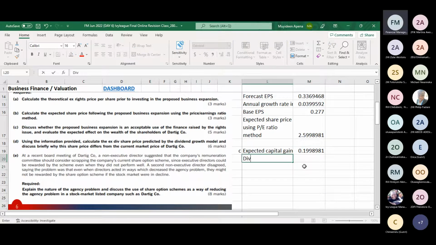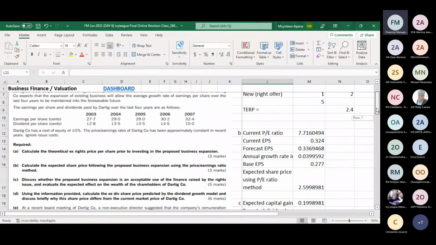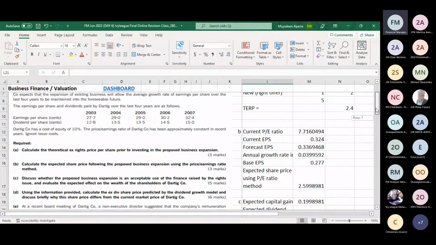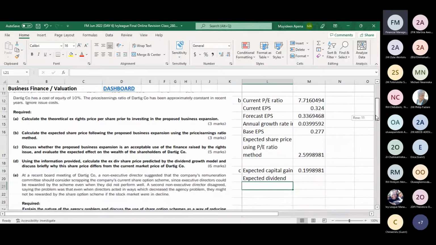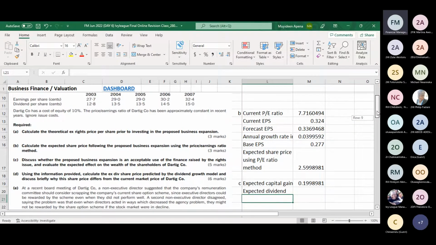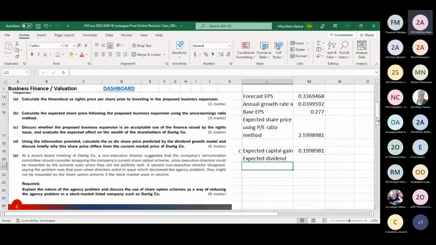And for expected dividend, the current dividend is 15 cents. So what do we think will be the next dividend? How do we go about that? You should find the growth first.